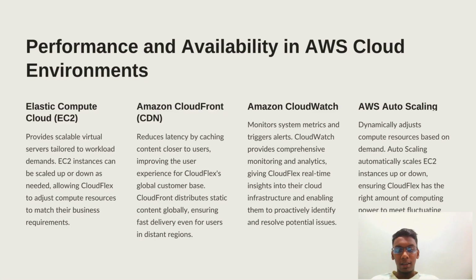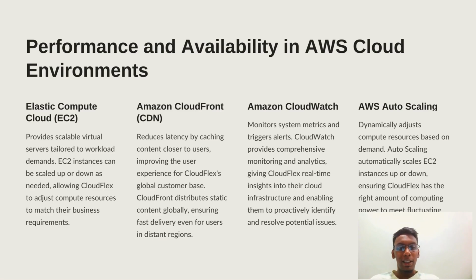EC2 instances can be scaled up or down as needed, allowing CloudFlex to adjust compute resources to match their business requirements. Secondly is Amazon CloudFront, or we could say CDN. This reduces latency by caching content closer to users, improving the user experience for CloudFlex's global customer base. CloudFront distributes static content globally, ensuring fast delivery even for users in distant regions.